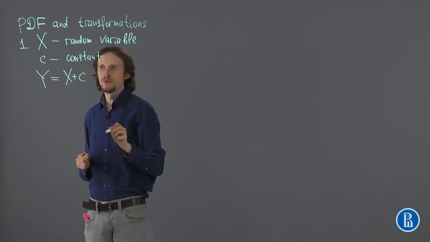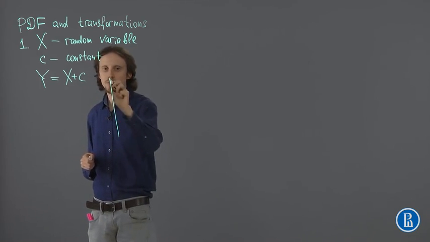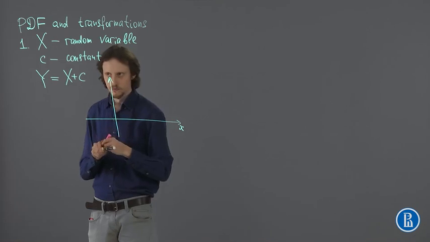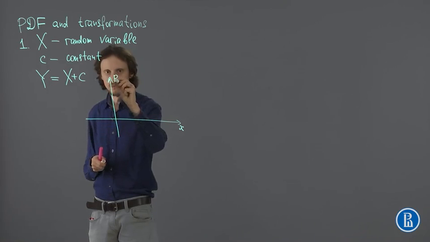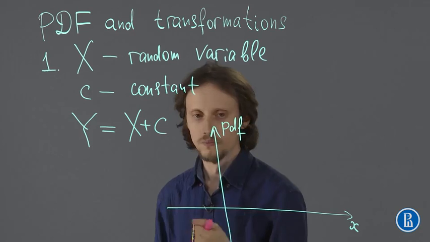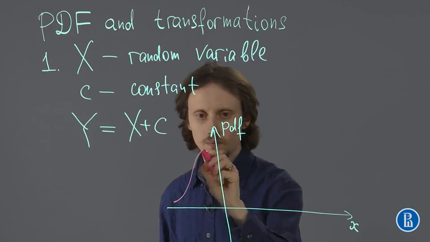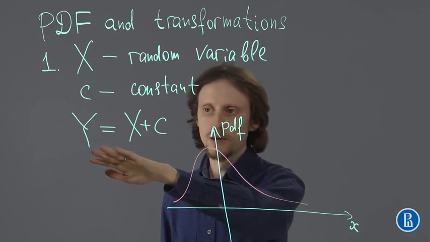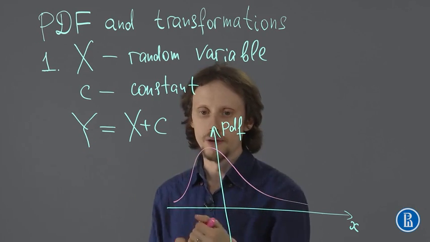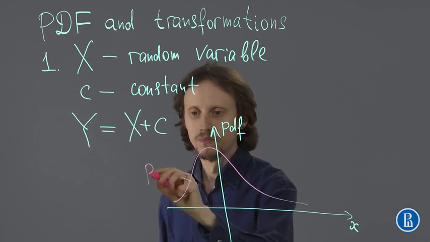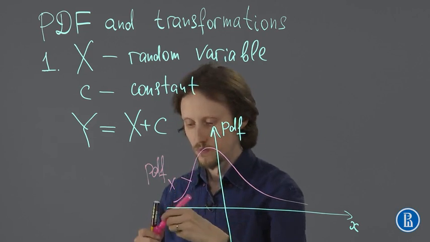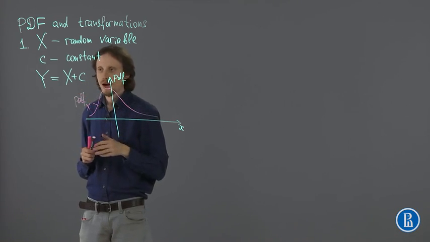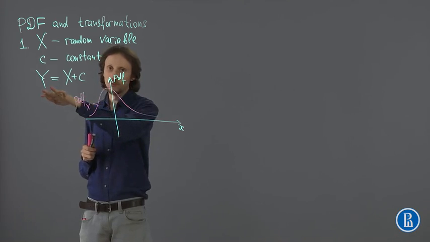And let us assume that we have a probability density function for variable x. What can we say about the probability density function of variable y? Let us assume that c is some positive constant. How can we find the probability density function of y?